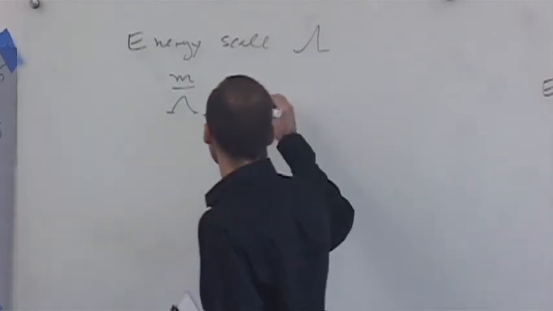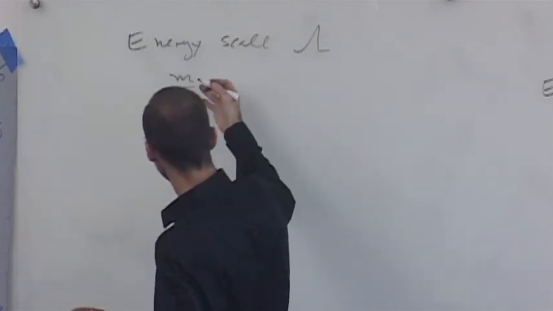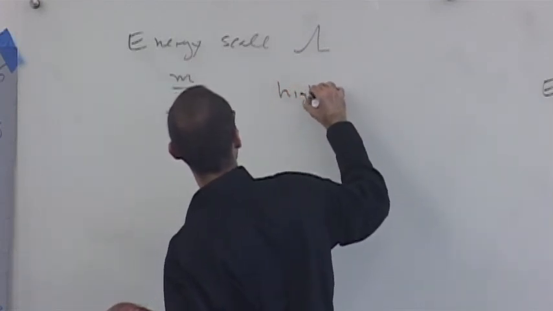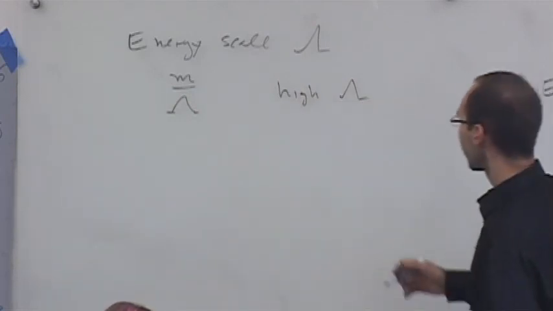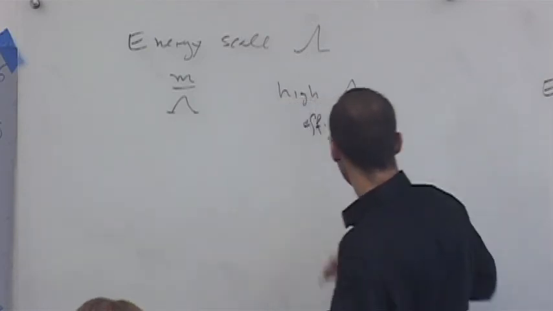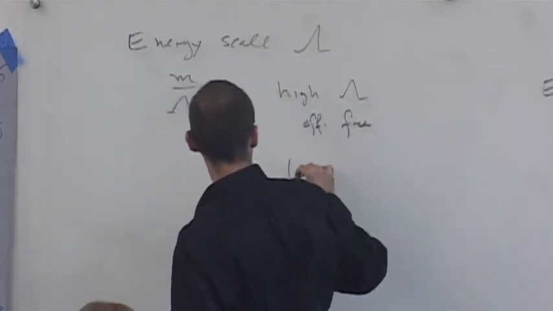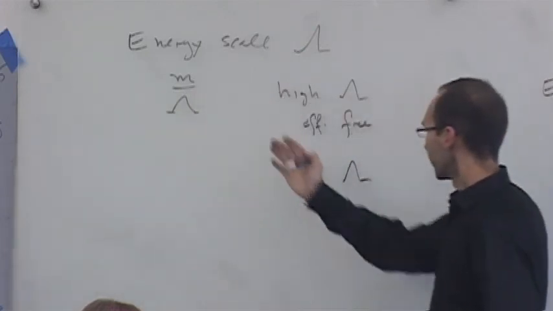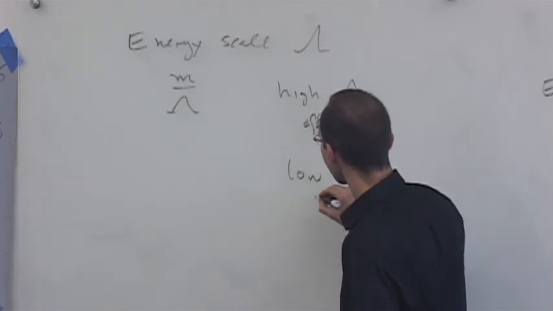And it makes sense to talk about its value. This is some kind of dimensionless effective mass. So at high energy, m over Lambda is very, very small. The theory is effectively free. It's like I was setting m to 0. At low energy, m over Lambda is huge, and the theory is effectively massive and stuck in a vacuum.